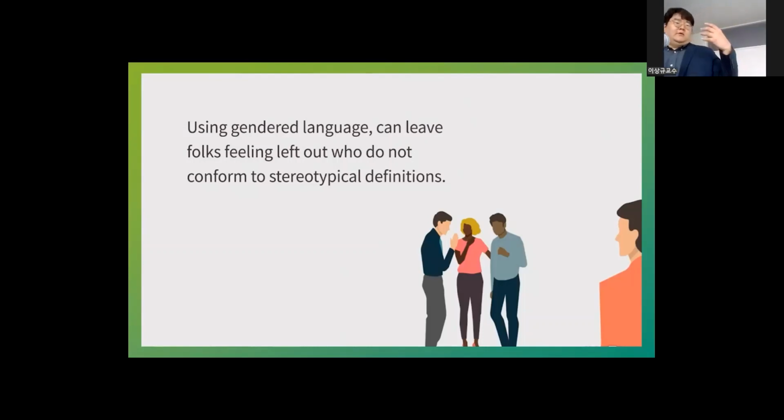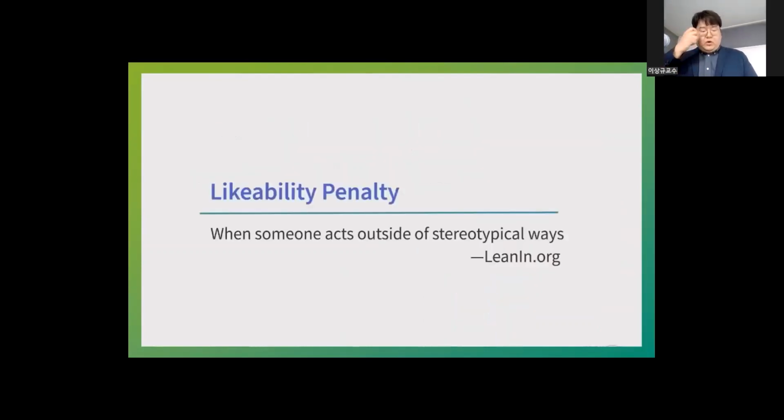So feminine and masculine stereotypes embedded in our word choices can have negative consequences when words are not chosen thoughtfully, right? When someone we perceive to be a woman acts outside of the stereotypical ways, we can in turn act negatively towards them, even if we don't realize we're doing this.